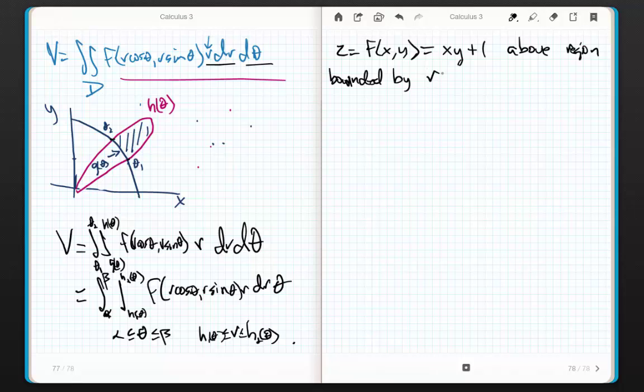I'm going to be bounded by, let's go r equals cos theta and r equals sine theta, because that's going to make things crazy.